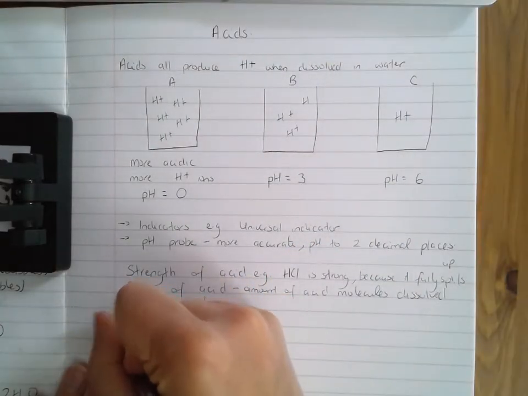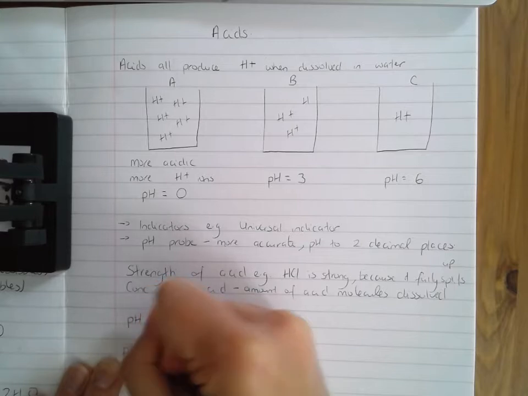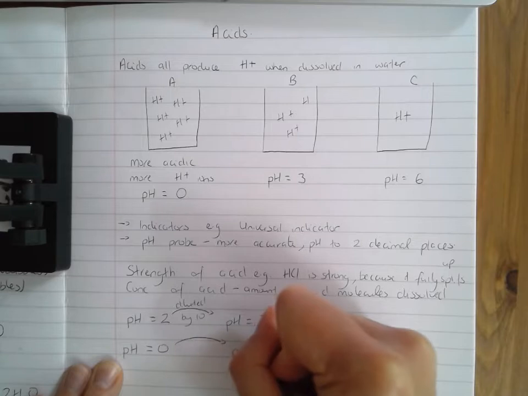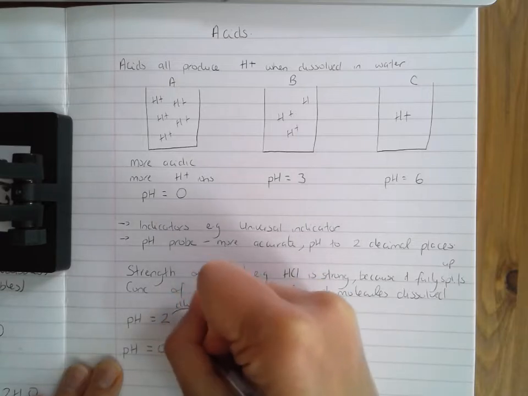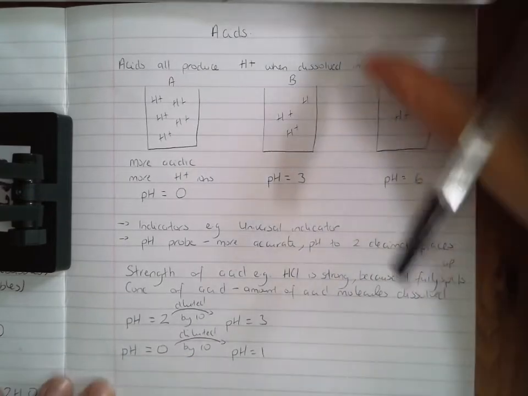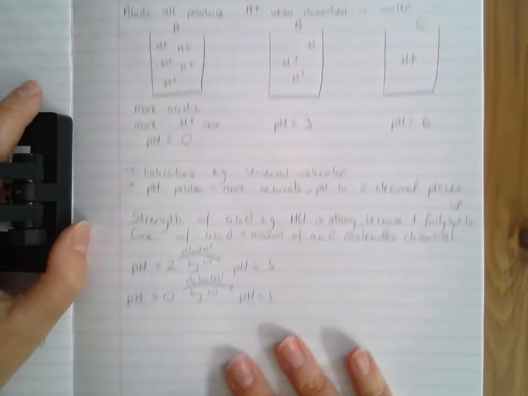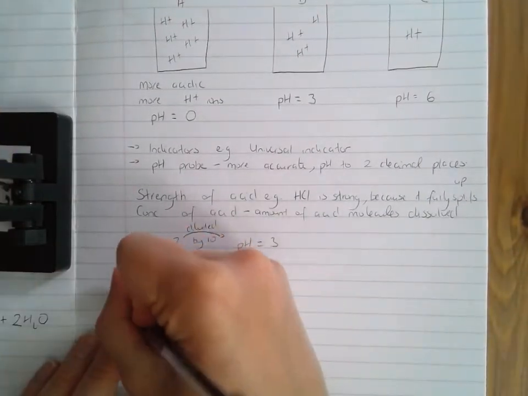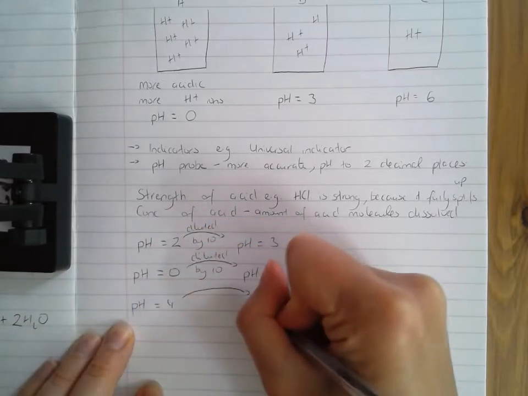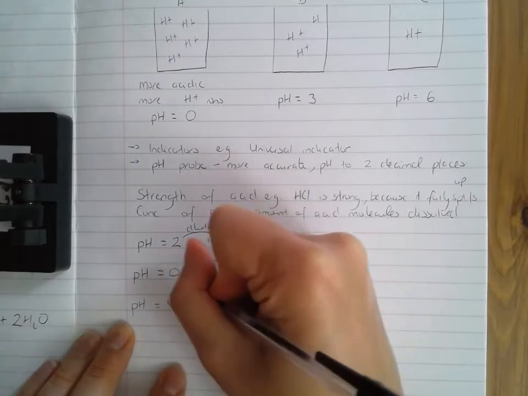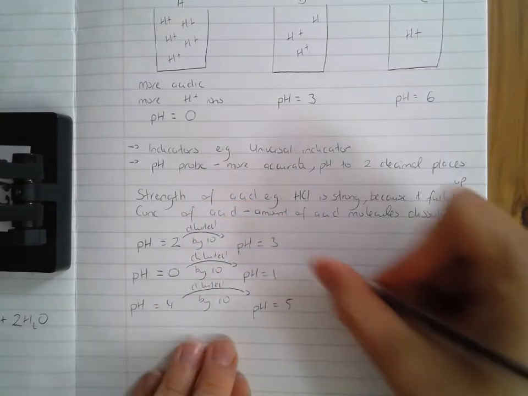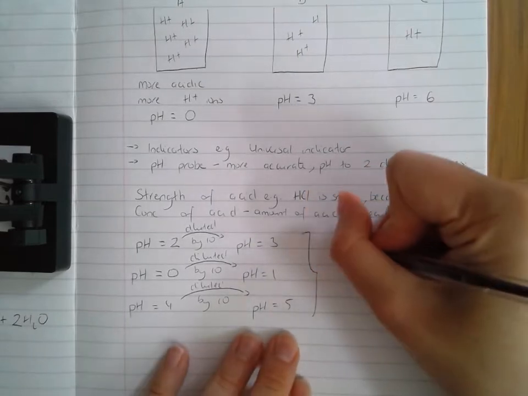If you started out with an acid that had a pH of 0 and you diluted it by 10, your new pH would be pH 1. And when I'm saying dilute by 10, I mean you're adding more water. You're making it more dilute by adding more water. If you started off with a pH of 4 and you diluted it by 10, you would get a new pH of 5.